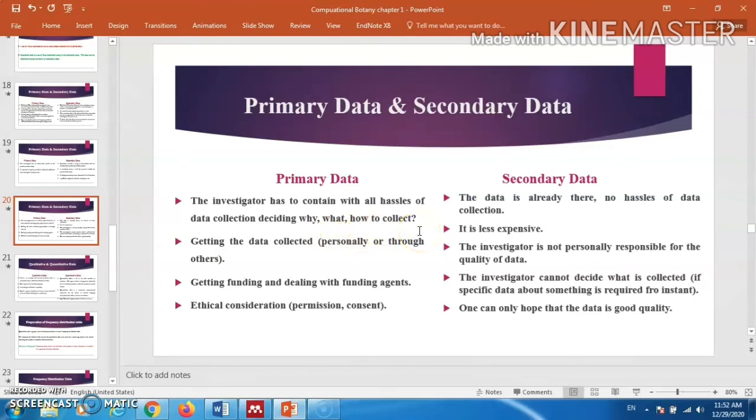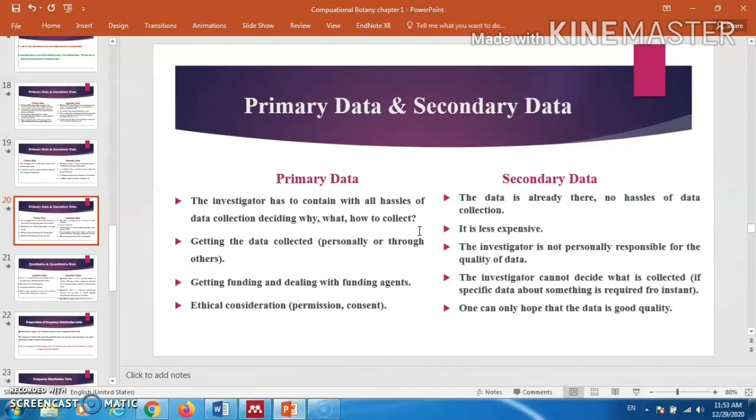For example, what is the meaning of this sentence? Let's read it again. The investigator has to contend with all hazards of data collection, deciding why, what, how to collect.